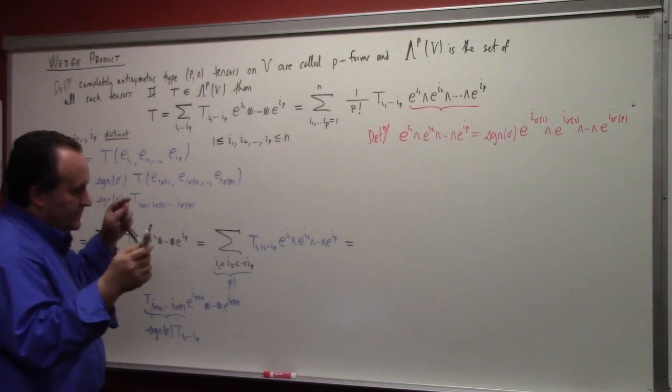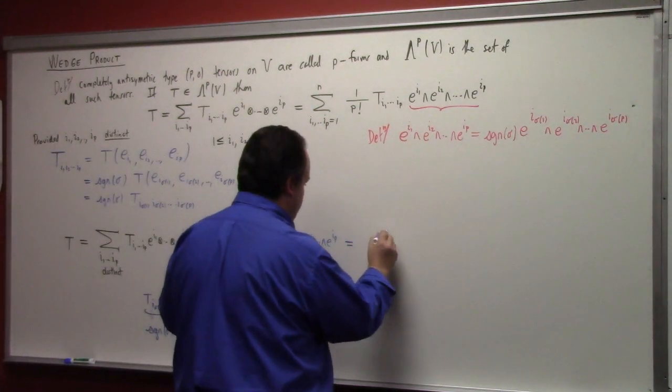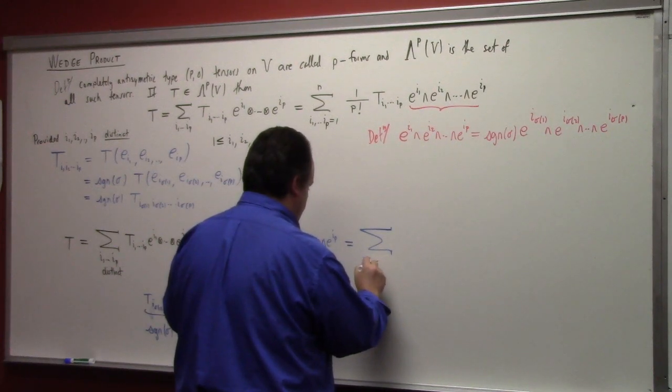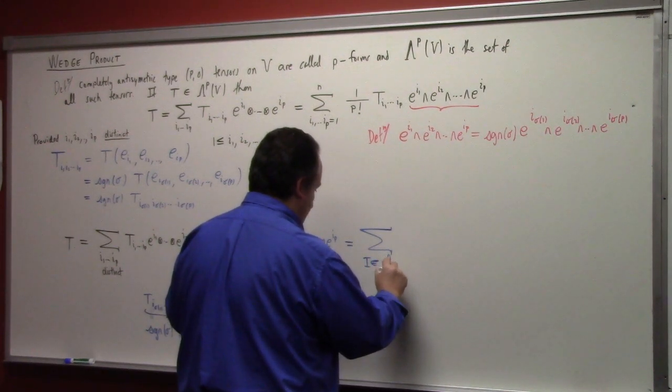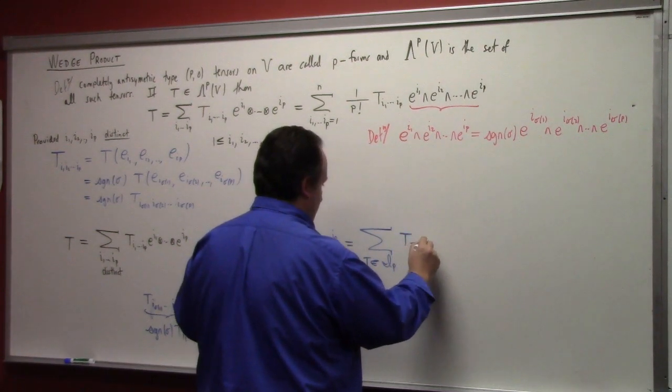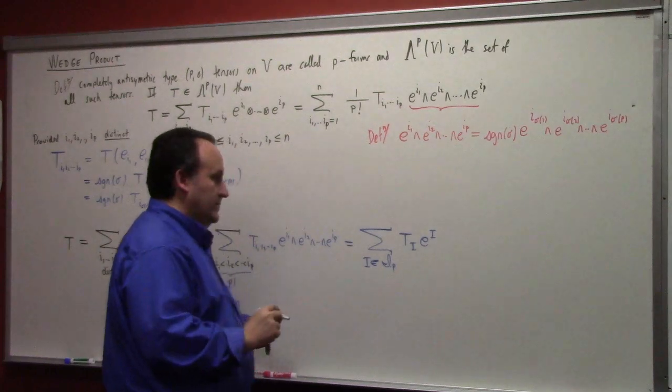Anyway, so this we can write as the sum over the multi-index I in I_p of T sub I E upper I, all right?